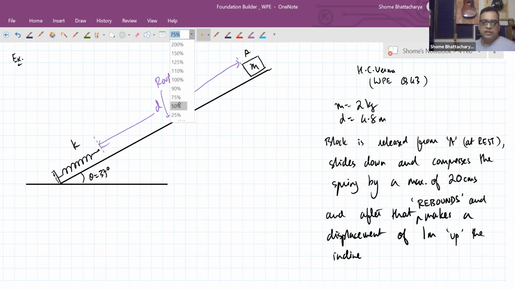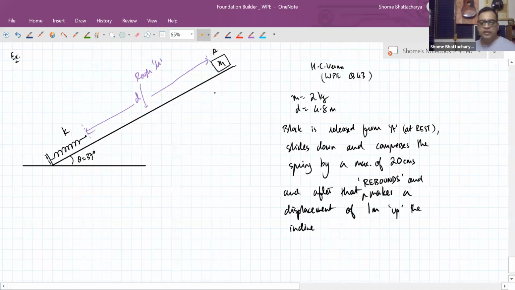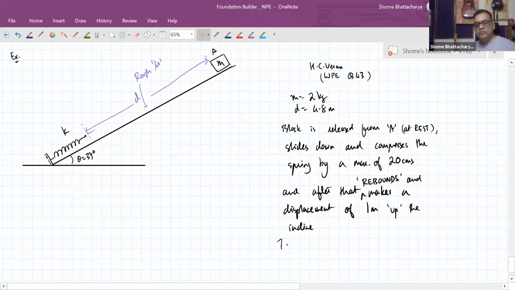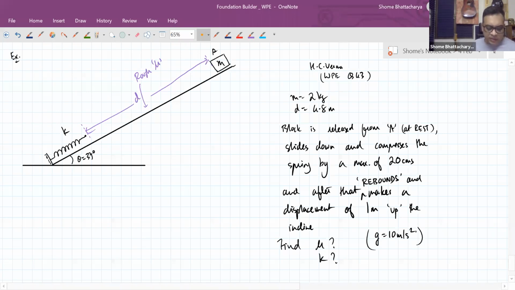So from all this information, we have to find two unknown quantities, which is the coefficient of friction and the spring constant. Okay. Take the value of g as 10 meters per second square for this question. So we'll solve the question in detail. It's a very important and good question. But first of all, I want you to try and figure out how we will set up the work energy relation over here.